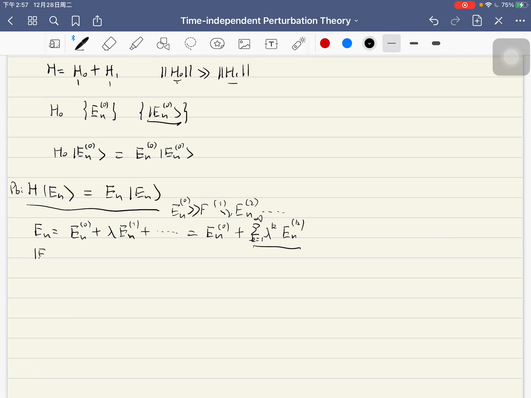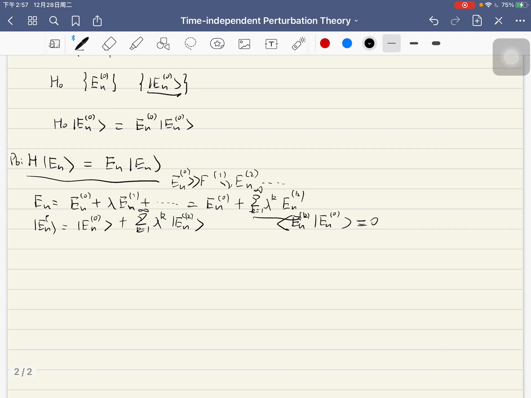And the eigenvectors can be expanded in this way: |n0> plus the sum from k equals 1 to infinity of lambda^k |n(k)>. Here we have another assumption: that |n0> has an orthogonal relation with |n(k)>, they are orthogonal vectors.